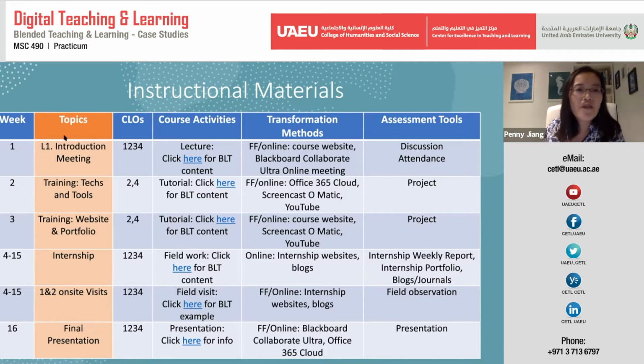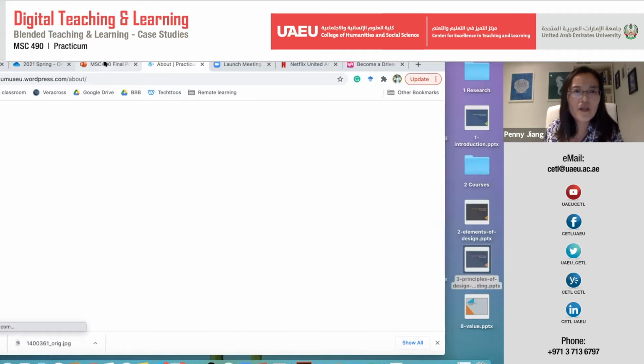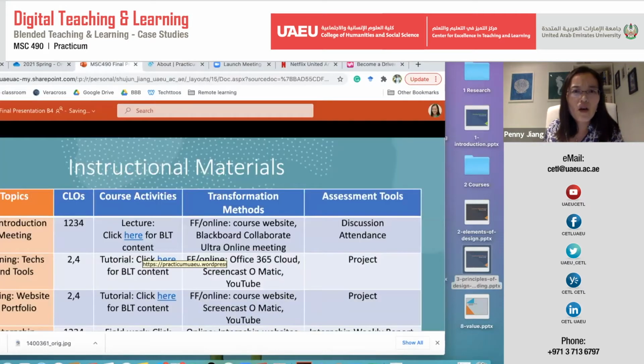In the first week, usually we host the introduction meeting with all the students, and we give them the instructions and the course syllabus. You can check out the detailed course syllabus on this page.